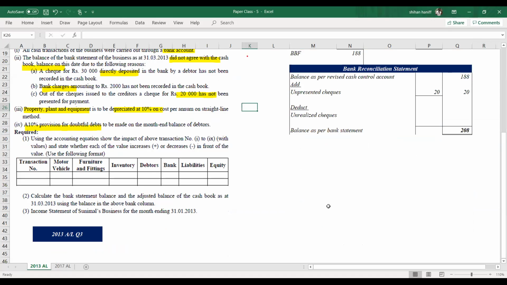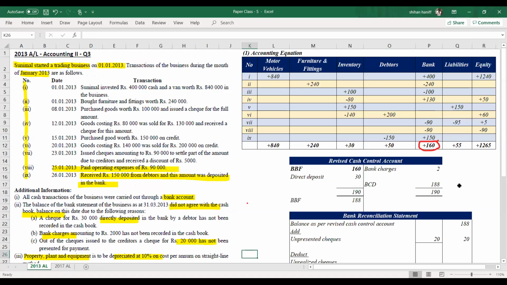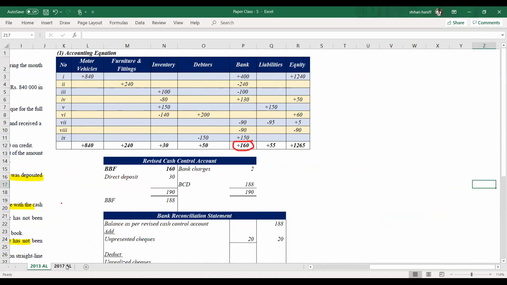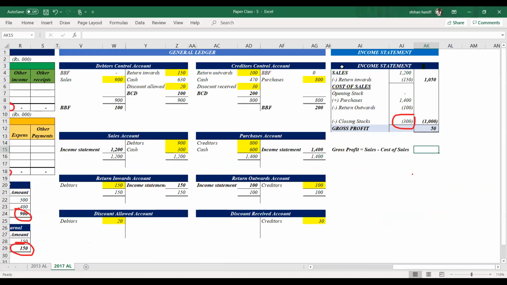Income statement of Sunimal's business. So let's prepare an income statement, something similar to this.